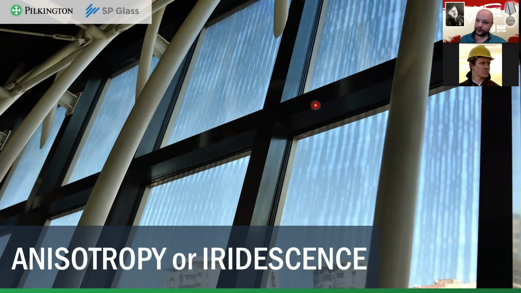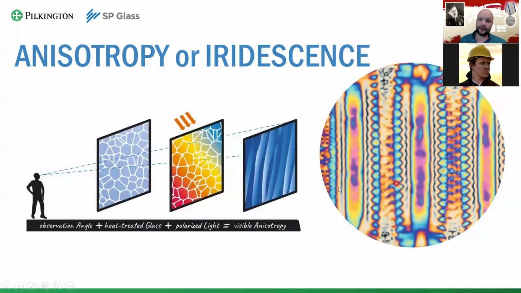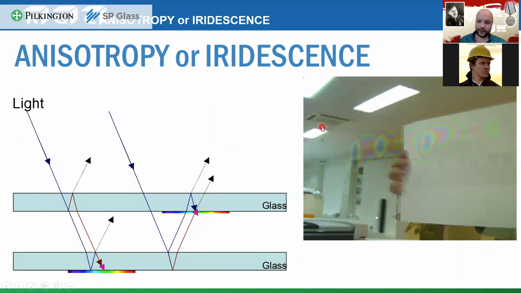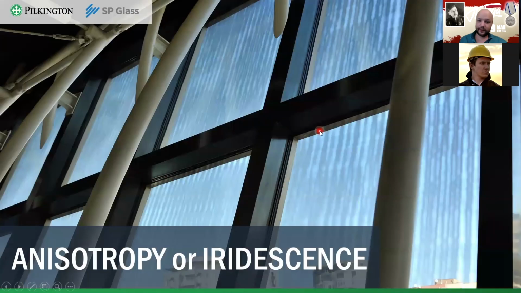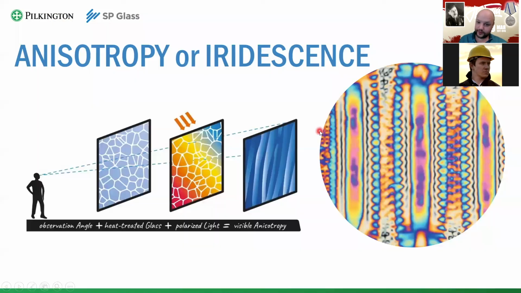So what is anisotropic in this case? The anisotropy that we do have is the anisotropy of stress on the glass. When we are tempering the glass, we are heating it up, and then we are rapidly cooling it down.